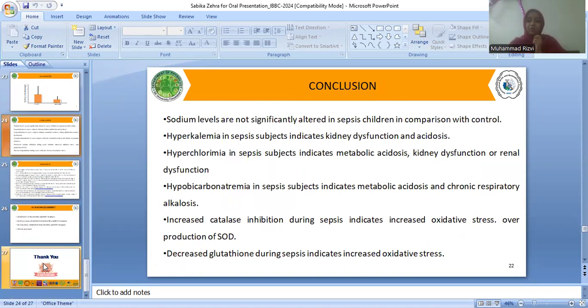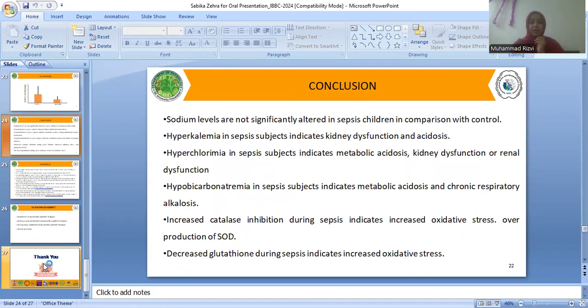All this research work reaches the conclusion that sodium levels are not significantly altered in sepsis children in comparison with the control, whereas hyperkalemia in sepsis subjects indicates kidney dysfunction, acidosis. Hyperchloremia in sepsis subjects indicates metabolic acidosis, renal dysfunction.